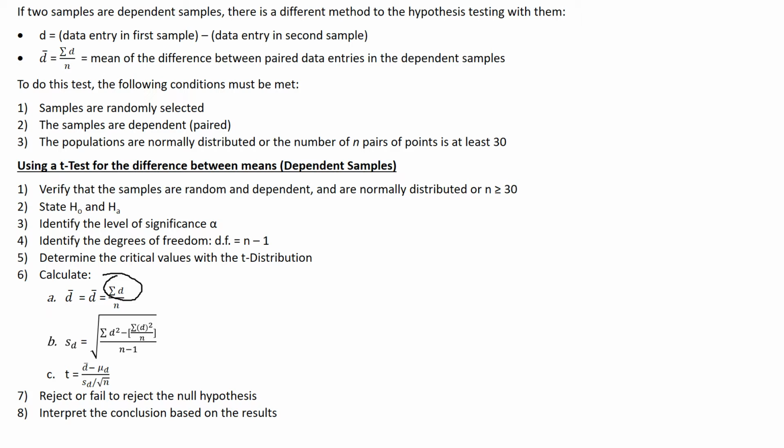Over here is the sum of d squared minus the sum of d squared over n, all over n minus 1. And then you put the formula in here, the average difference minus the mean over s sub d, which is my sample deviation, over square root of n. We still do a null and alternate hypothesis, and it'd be better to just go through some examples here.